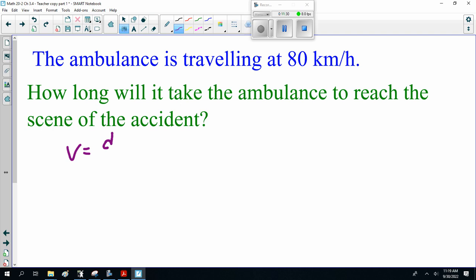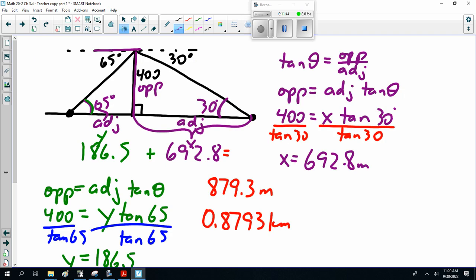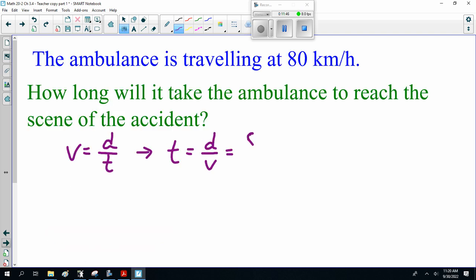Velocity is displacement over time. Now, I feel like rearranging this like a physics question. Time is displacement over velocity. The displacement is 879.3 meters. 80 kilometers an hour.